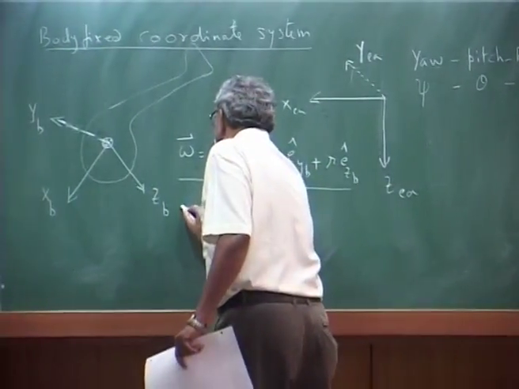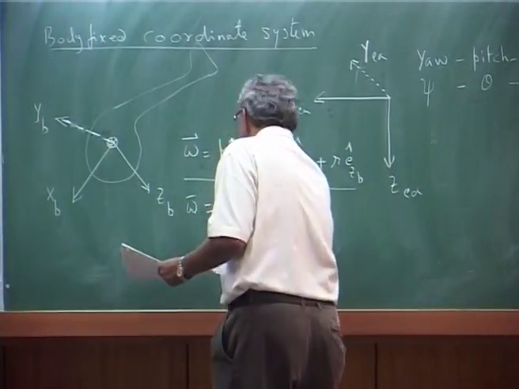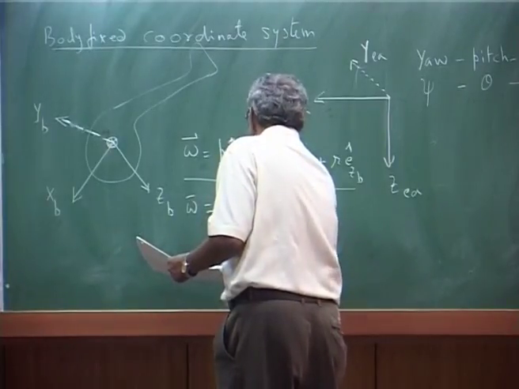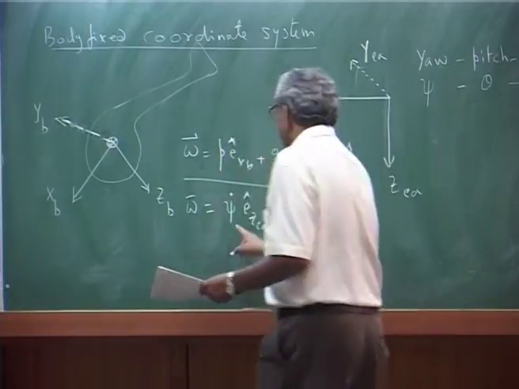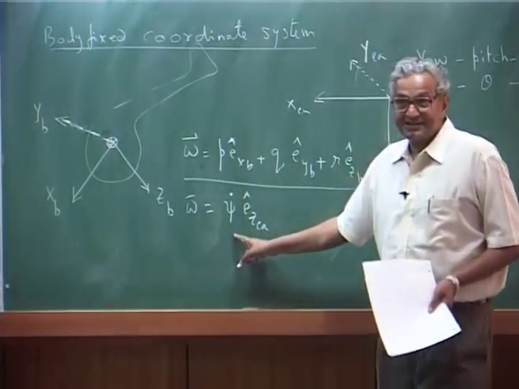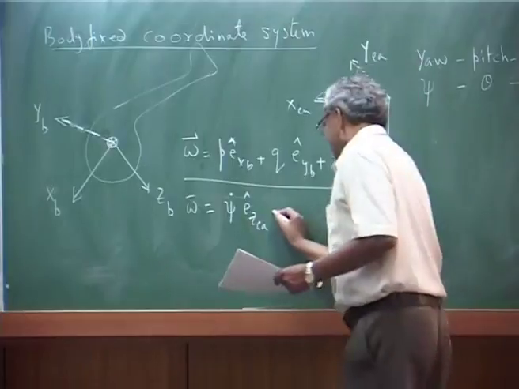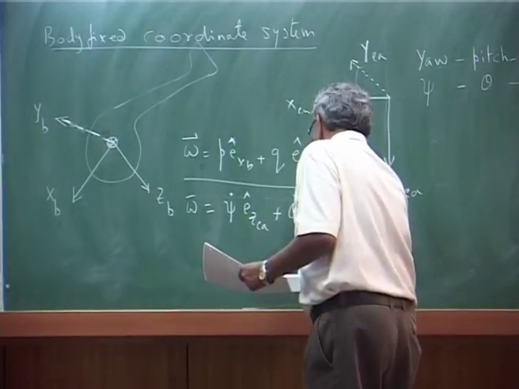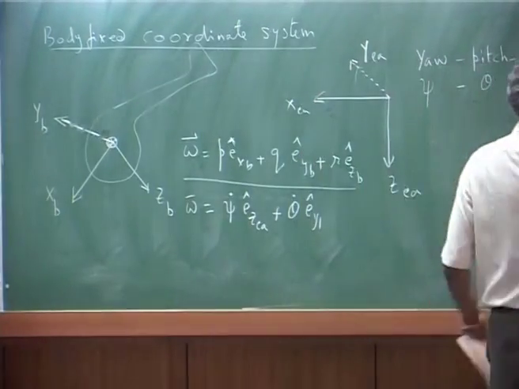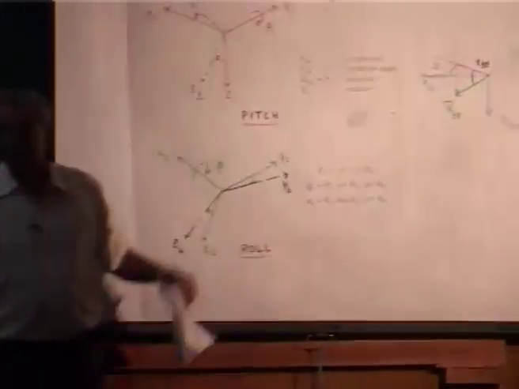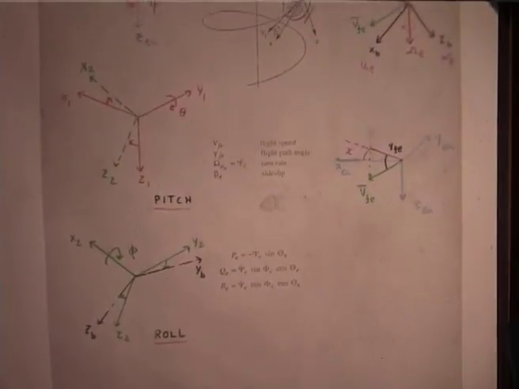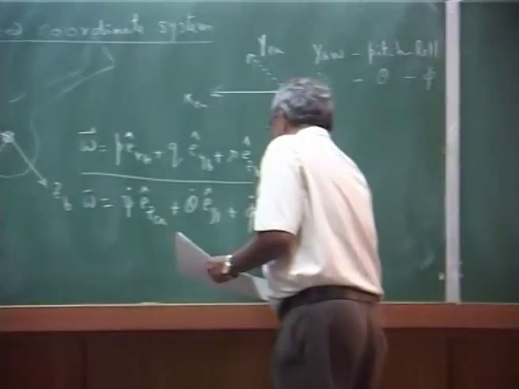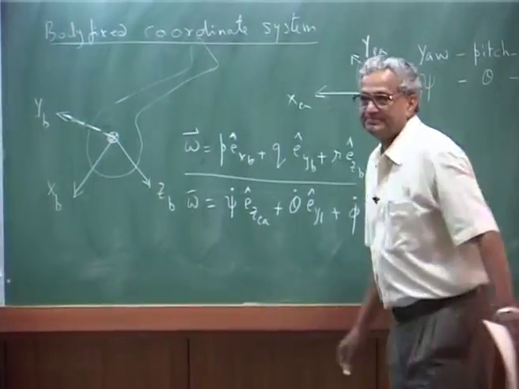I am writing it as psi dot e z earth, because this is with respect to the earth, and then plus theta dot e y 1, because look at this, theta dot is y 1, plus phi dot e x 2.